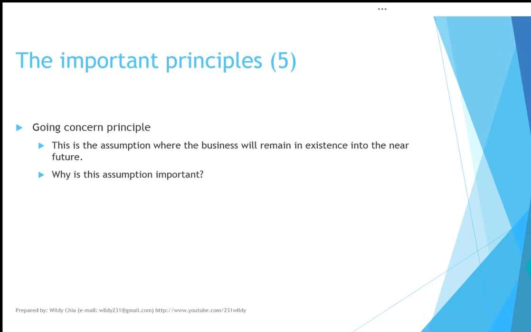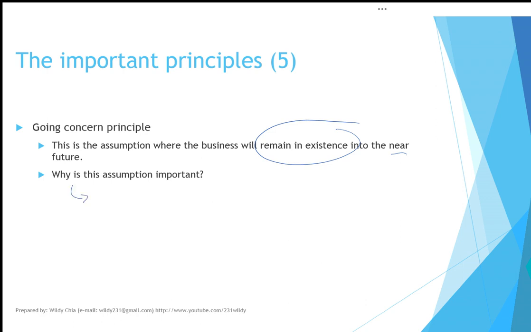Principle 5, going concern principle. Now, going concern principle is frequently mentioned. This principle simply means that it's an assumption made that the business will remain in existence into the near future. Now, why is this assumption important?